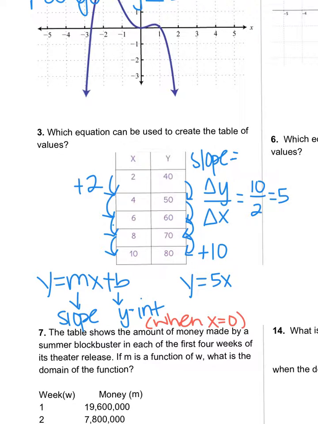And in this case, we don't have that in our table, but we can go backwards. Since it's adding 2 each time on the left, this would be -2. And on the right, it's adding 10 each time. So this would be minus 10, which would give us 30. So our y-intercept will be plus 30. And there's our equation.